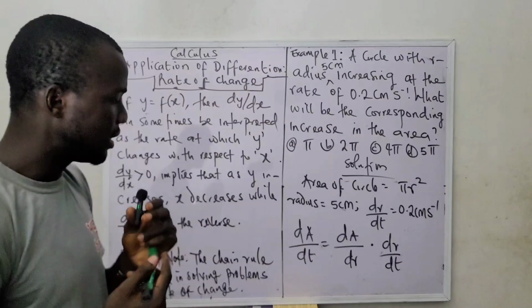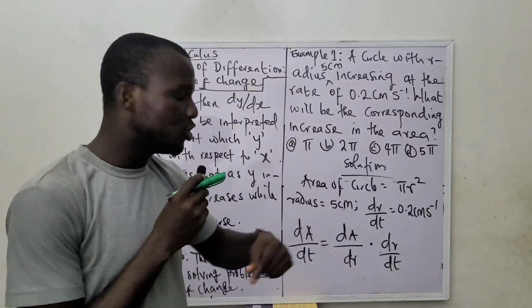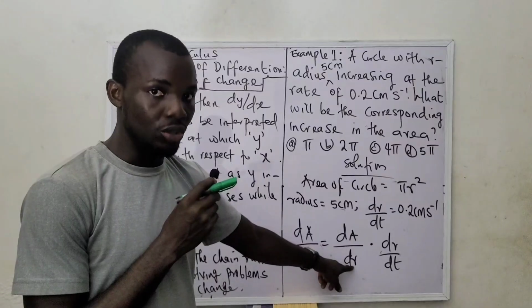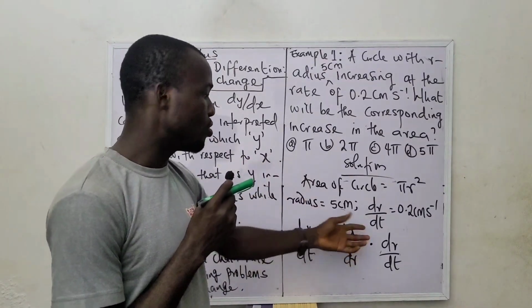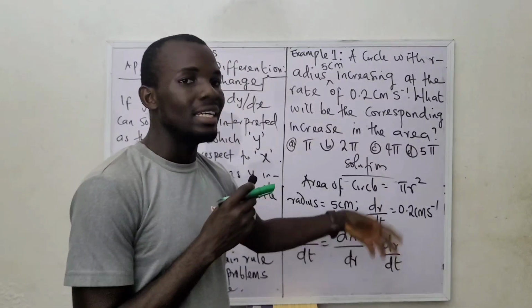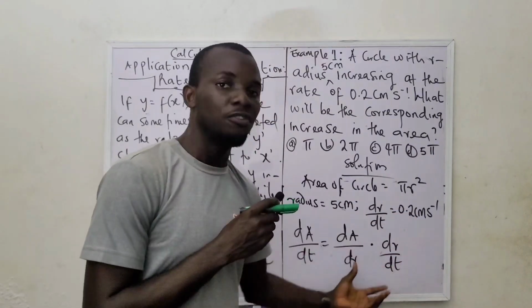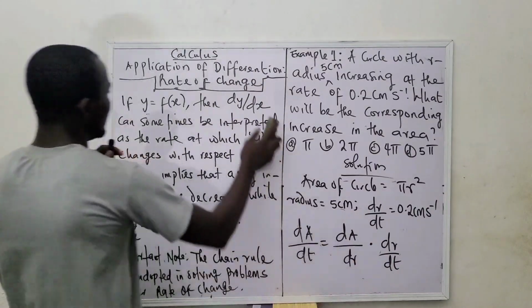So the area of this particular circle is changing with respect to the radius, and then whatever you get, you multiply it by the amount by which the radius is also changing. That forms a chain rule right there. And so we can proceed here.